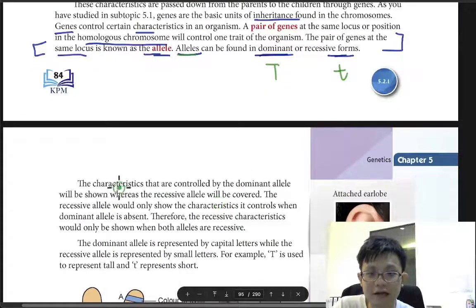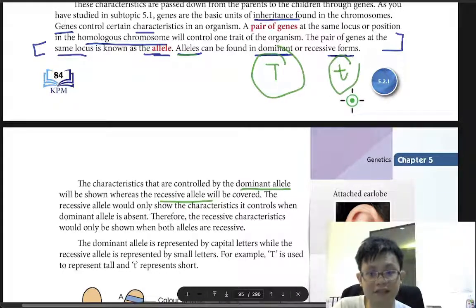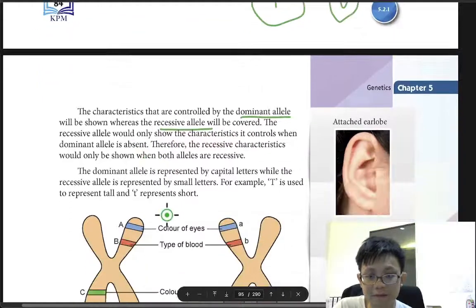The character is controlled by the dominant allele, whereas the other will be a recessive allele.